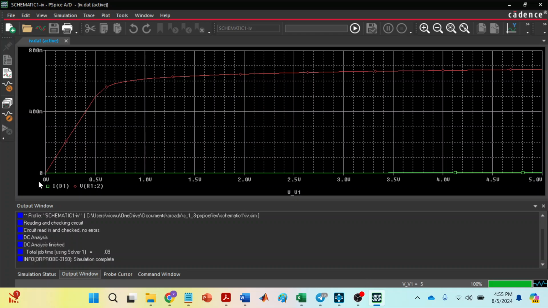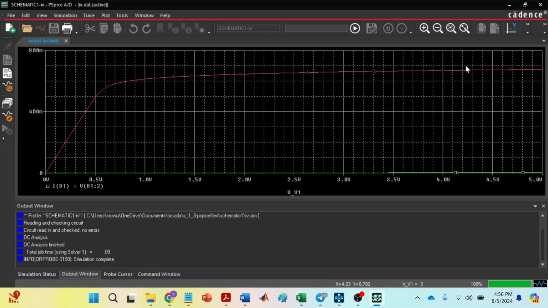As you can see, from 0 volts to about 400 millivolts, that's 0.4 volts, it's kind of linear.